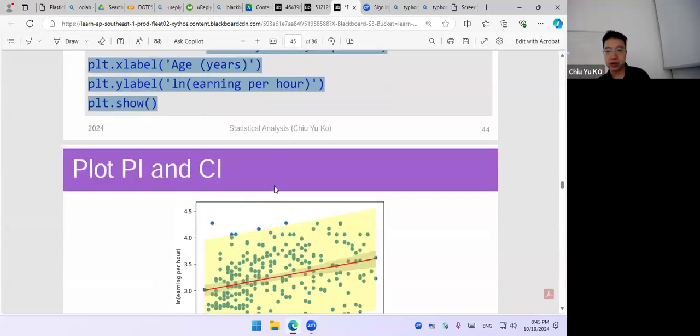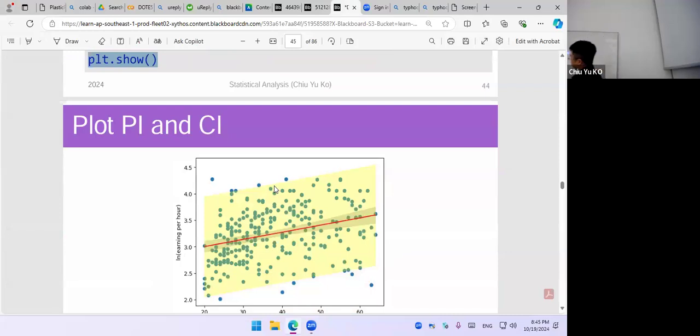Usually if you look at a textbook, PI is referred to as the interval for individual value, and CI is the confidence interval for average value. But I look at your face, okay? I guess going to individual value goes beyond our brain for this tired moment. So maybe we just skip this part. Okay.